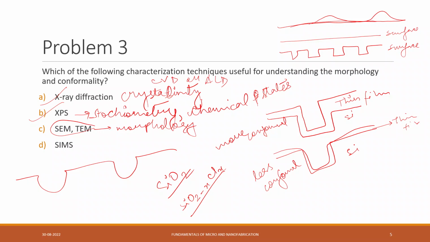So some amount of crystallinity information is also visible. But microscopy is mostly powerful for understanding the morphology and conformality, obviously. Just by looking at it, you will see how things have deposited on it.